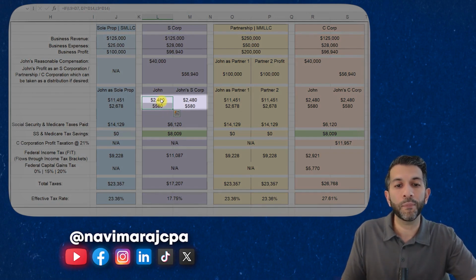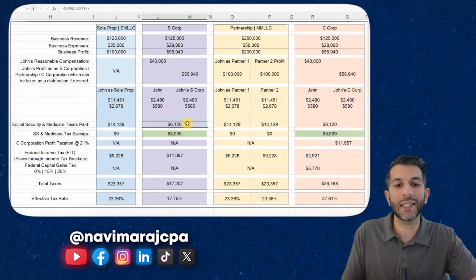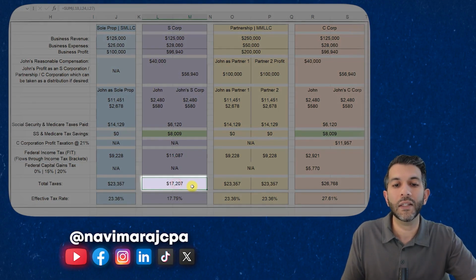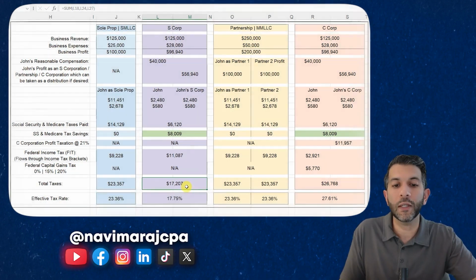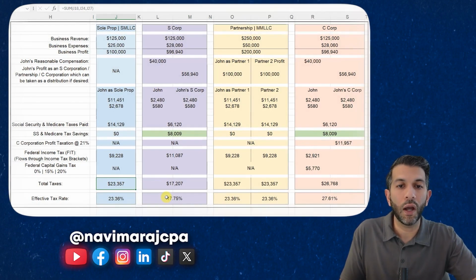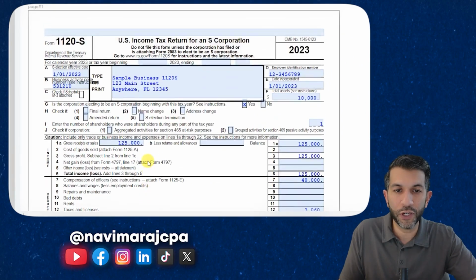So if you sum the $3,060 here, the $3,060 here, that's $6,120, plus the $11,087 in income tax, the total tax is $17,207. As I mentioned earlier, way better than the sole proprietorship, which is $23,357.